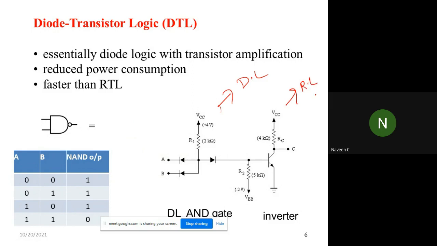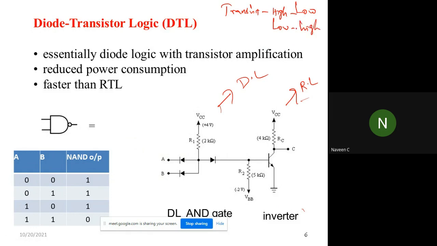What we have seen in resistive logic: whenever your transistor is conducting, means high, your output is low. That only we saw in the last example. Similarly, whenever your transistor is off, your output will be high.